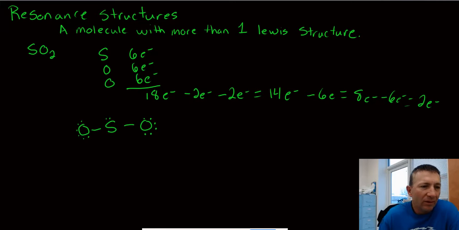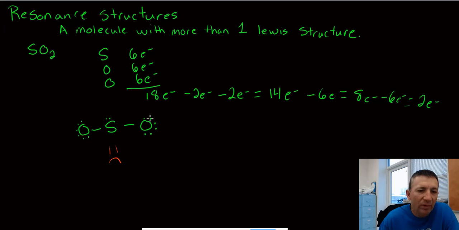Now, if we look at our molecule, this oxygen has 2, 4, 6, 8 electrons around it. It's happy. This oxygen has 2, 4, 6, 8 electrons around it. It's happy. Now we look at our sulfur. It's not happy. It's sad because it's got 2, 4, 6 and needs to pick up 2 more.